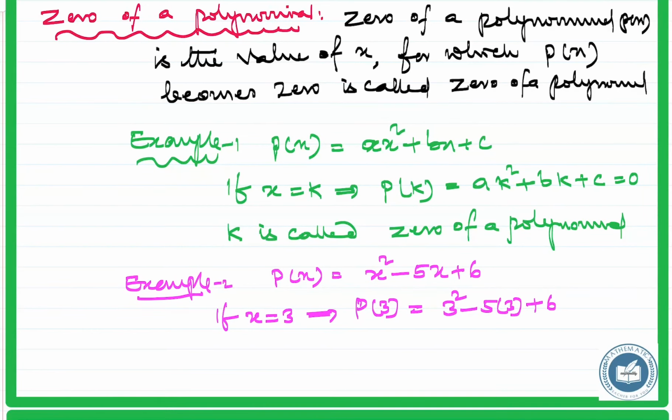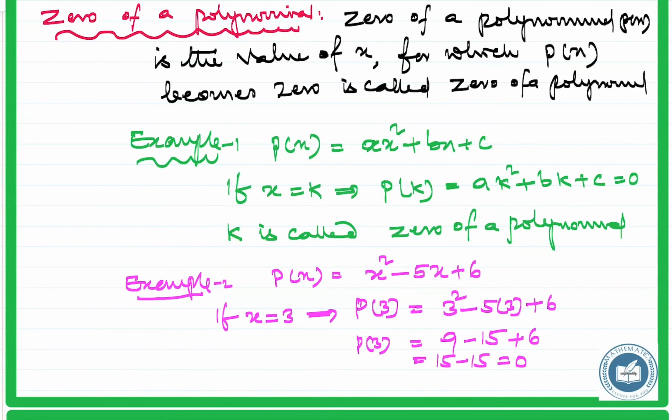So now p of 3 equals 9 minus 15 plus 6. Here 9 plus 6 is 15, 15 minus 15 equals 0. So we got the 0 value by substituting 3.